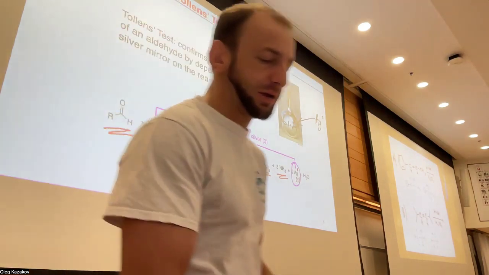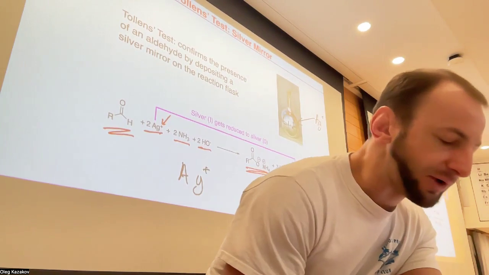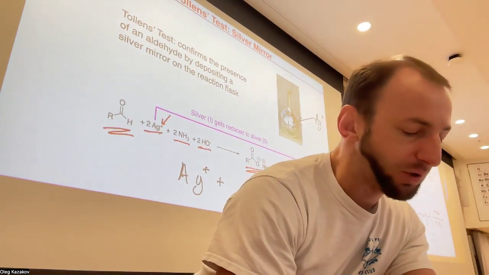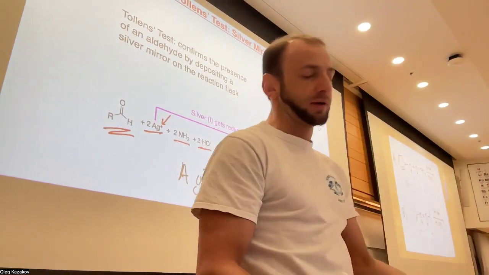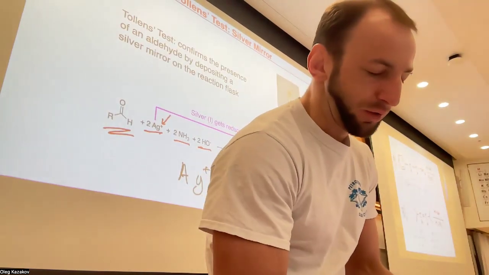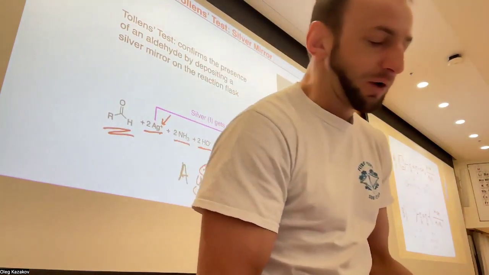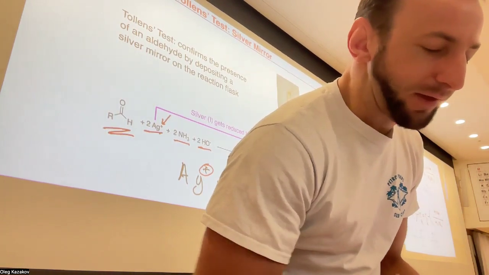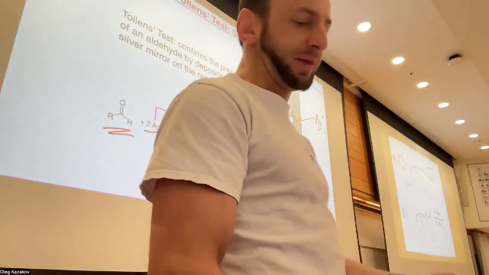Recall from general chemistry that reduction is the gain of electrons. So you add 1 electron, and the plus and minus added together become 0. Mathematically, because of this, you get Ag 0.